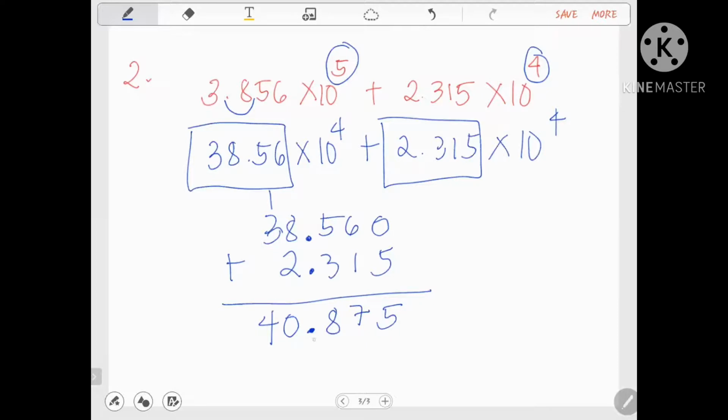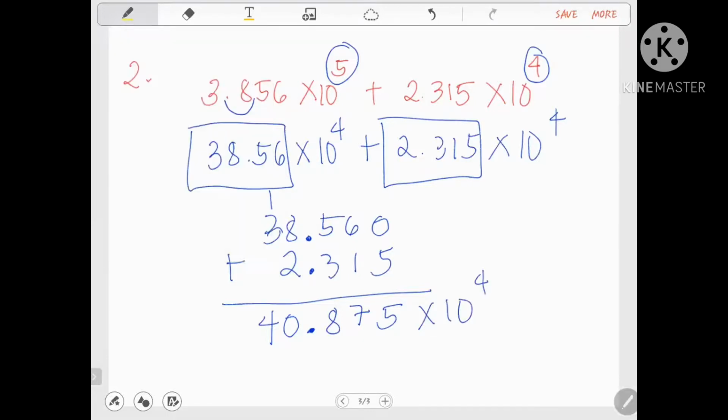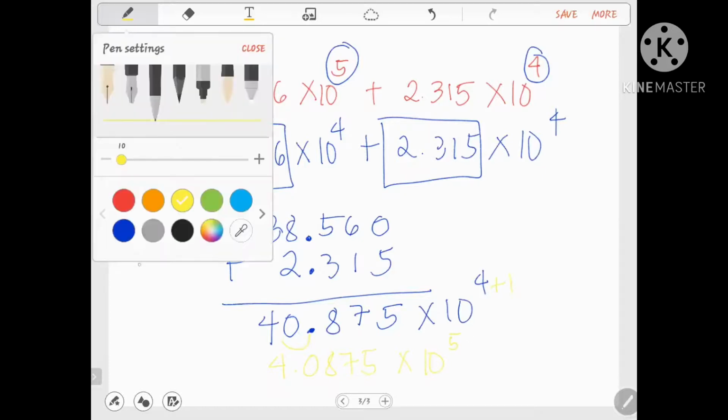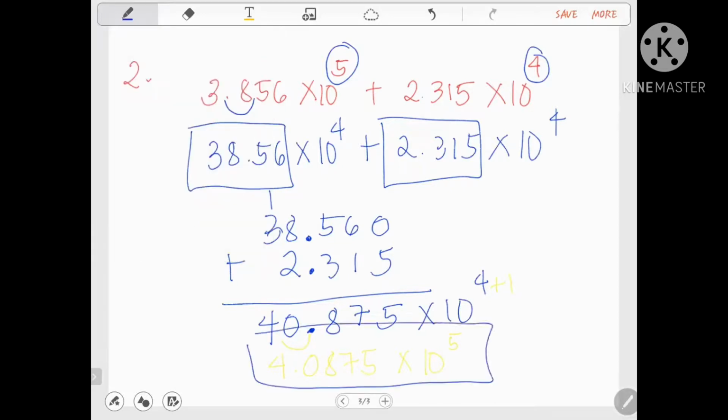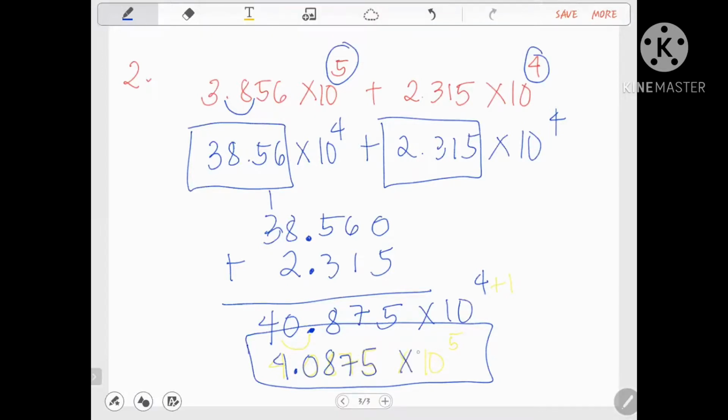So there is times 10 to the 4th, but since you have to move it here, okay, let's change the color, move it here, therefore that's 4.0875 times 10, and then you have to add 1 because you moved it to the left. 4 plus 1 is 5, and then the final answer is this one. 4.0875 times 10 to the 5th.